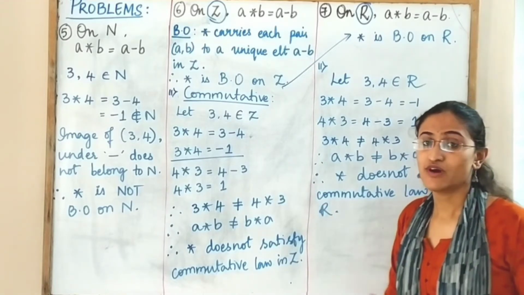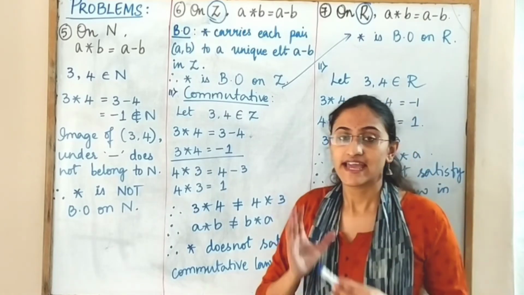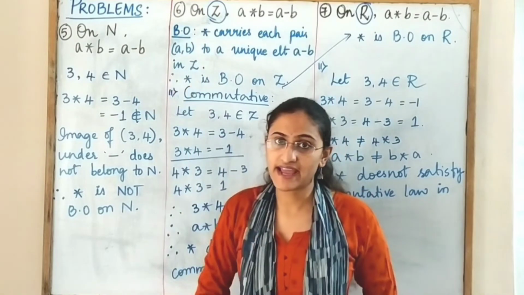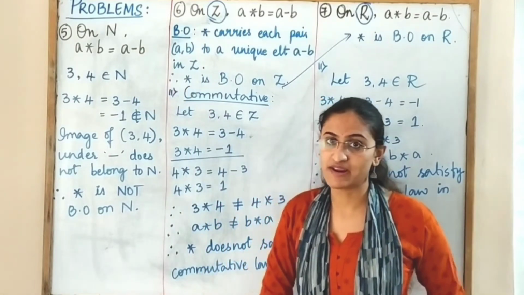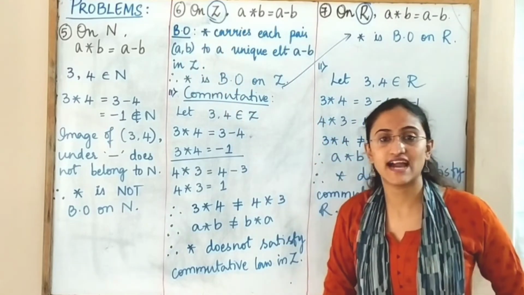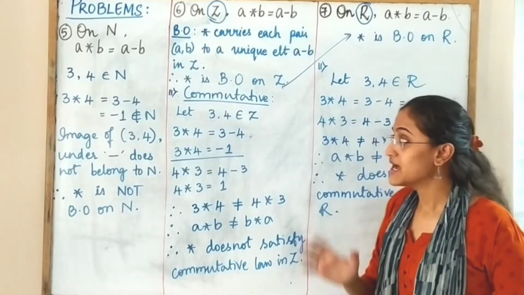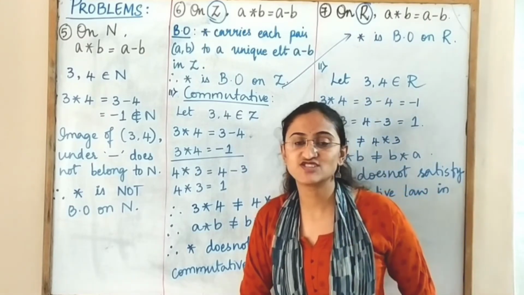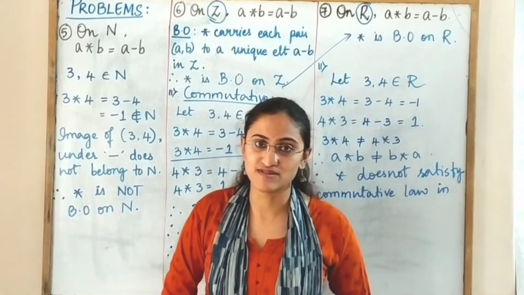And hence you can now very clearly notice that in the set of all natural numbers, a minus b, that is minus, is not even a binary operation, but it is a binary operation in the set of all integers as well as in the set of all real numbers, but it is not commutative in either the set of all integers or the set of real numbers.